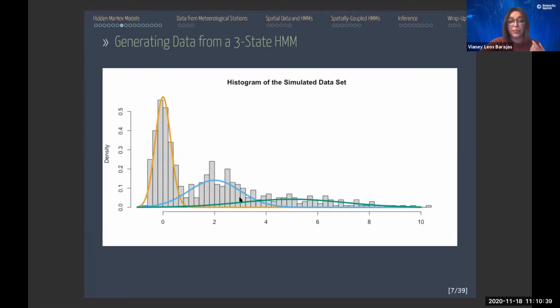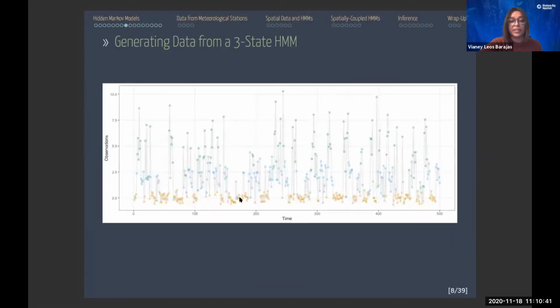And then what that looks like when we observe it over time is we have a few yellow points together, then we transition to the green, we have persistence in the green over time, we switch to blue, etc. So when we first see a yellow point, we're likely to see many yellow points in a row. And when we switch to green, we're likely to see many green points in a row, and so on.